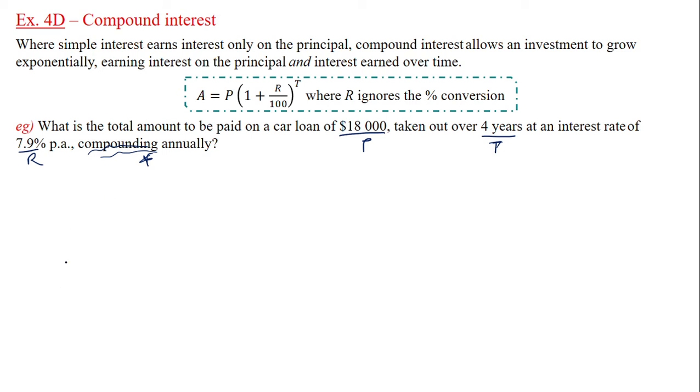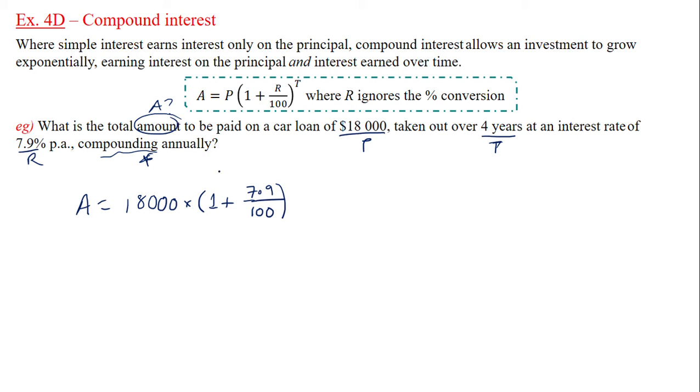Okay, so let's calculate it. We are looking for the total amount. I want to know what A is. A equals the principal, 18,000, multiplied by 1 plus the interest rate is 7.9 over 100. If I want to use the percentage key instead, I won't put the over 100.